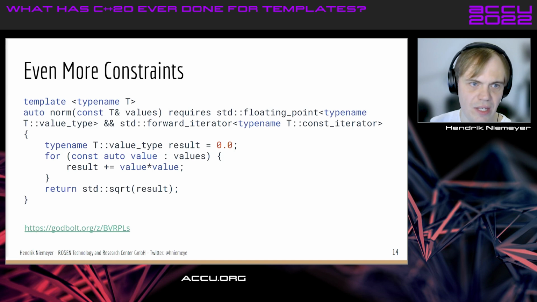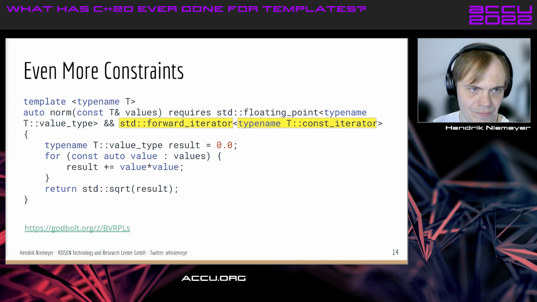And this we have here. We now have a requires clause which has two parts combined with an and. The first thing I want you to look at is that we require that our type name T has an inner type const_iterator, which by the concept here is checked to be a forward iterator.